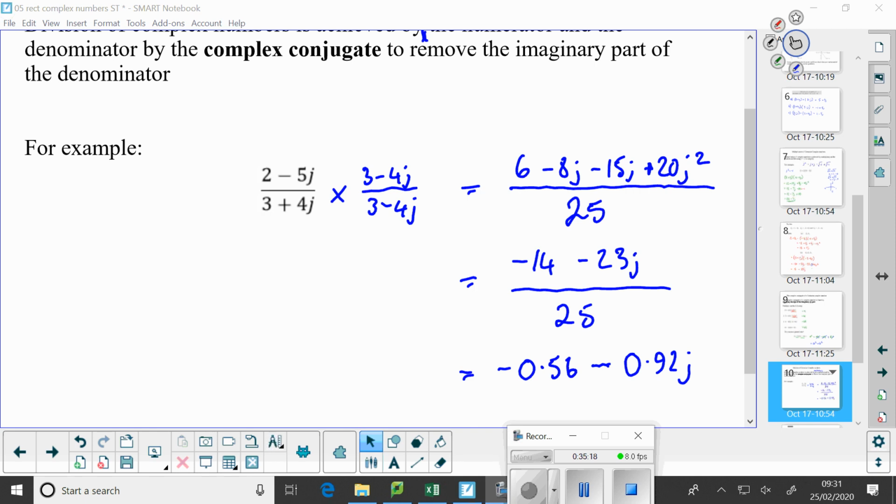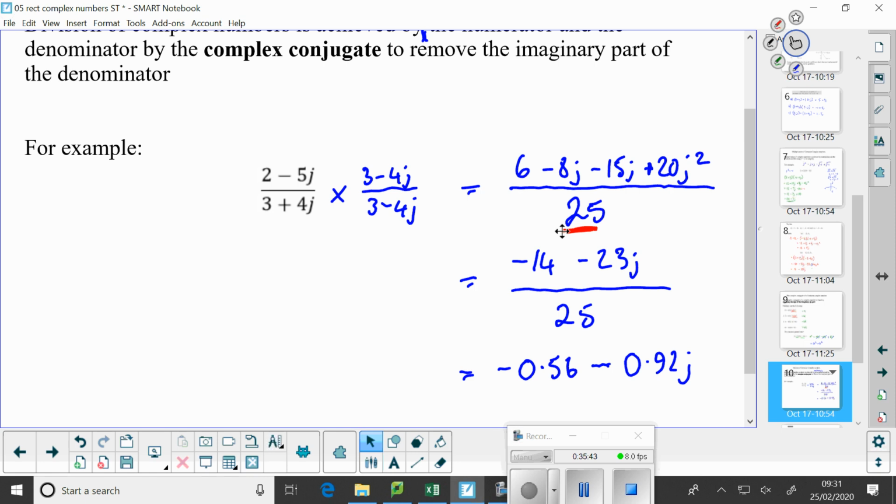To summarise, we take our two complex numbers that we're going to divide, a numerator and a denominator, and we multiply the top and the bottom by the complex conjugate of the denominator. The effect of doing that is to make the denominator an integer.